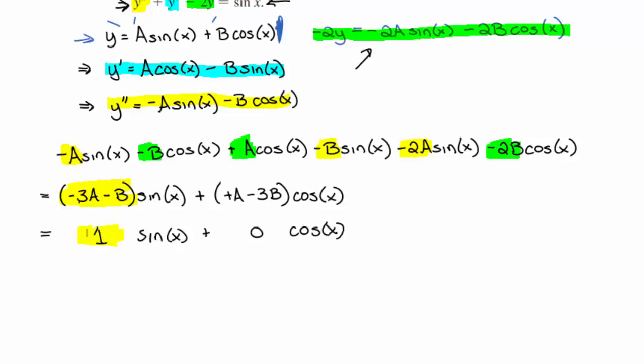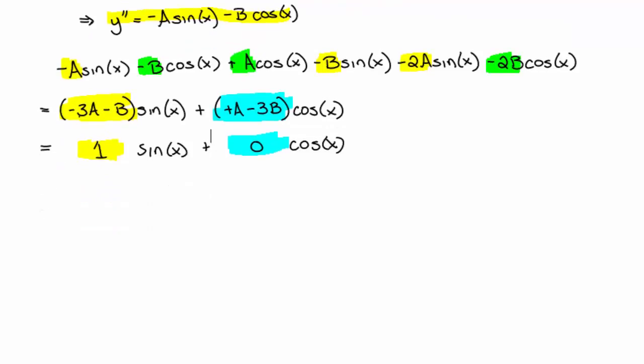They should be the same. 1 should be the same as negative 3a minus b. And I'm also going to look at the coefficients of the cosine. This guy right here is supposed to be the same as that guy. So really, in the end, all told, I should have negative 3a minus b equaling 1, and I should have a positive a minus 3b equaling 0.